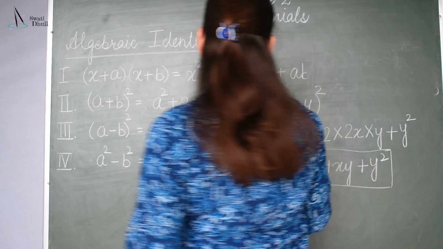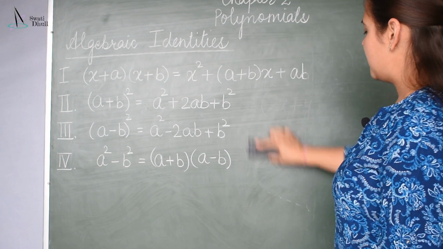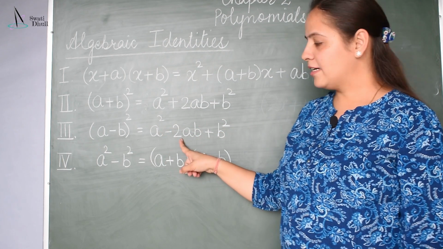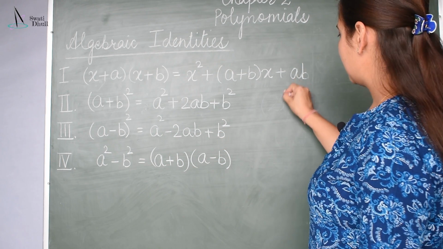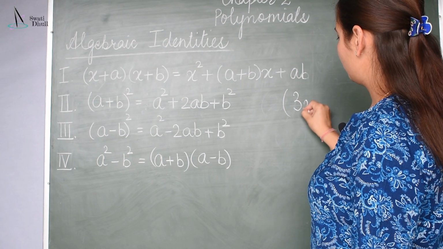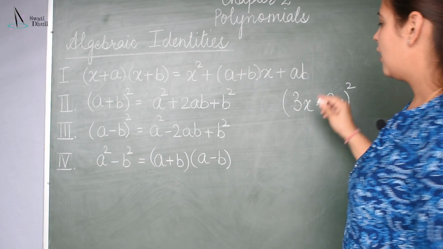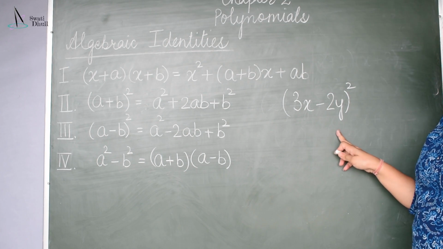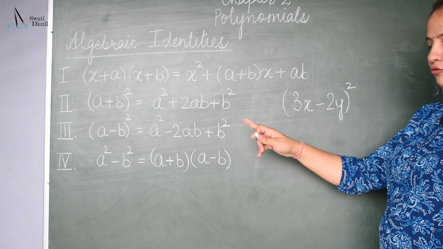Now next is your (a − b)². (a − b)² is a² − 2ab + b². Now let's take an example for it. Let's say (3x − 2y)² and you need to expand it. In place of a you have 3x, in place of b you have 2y.